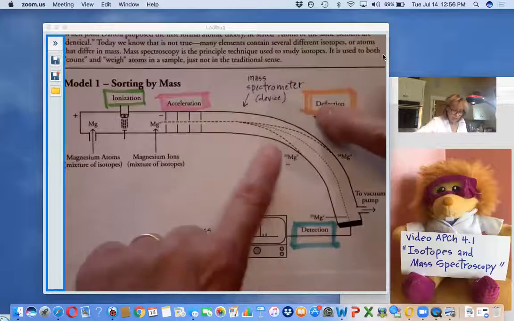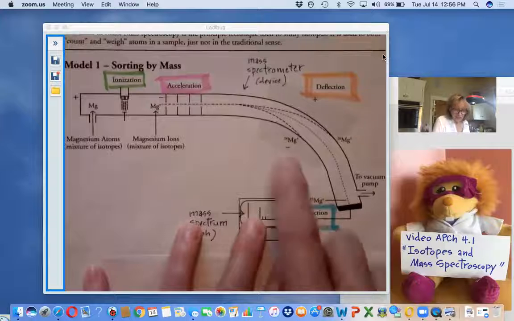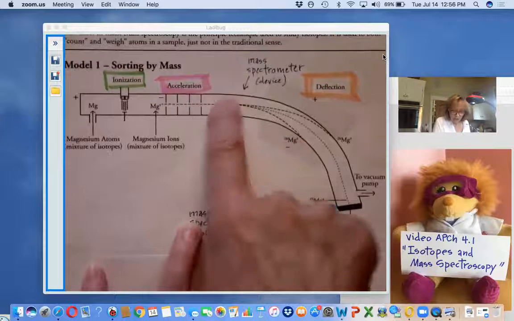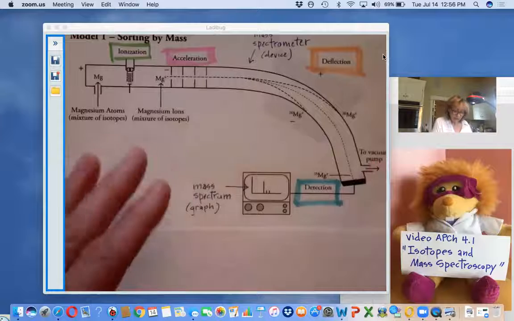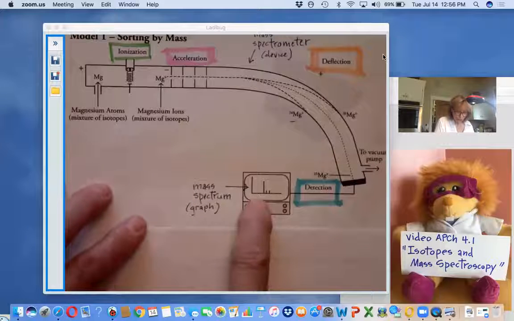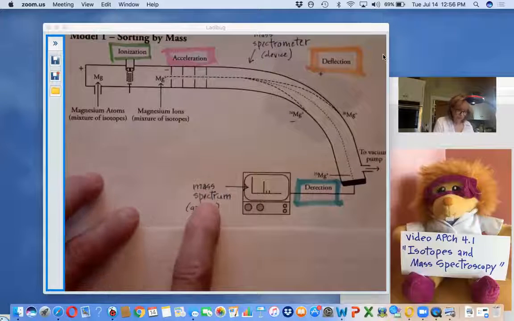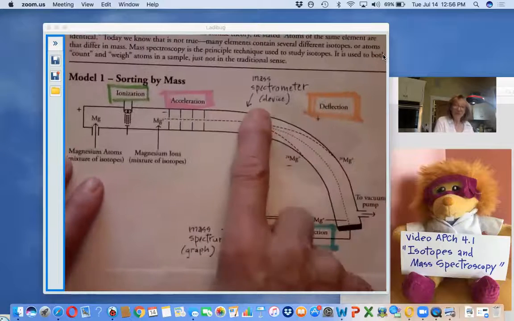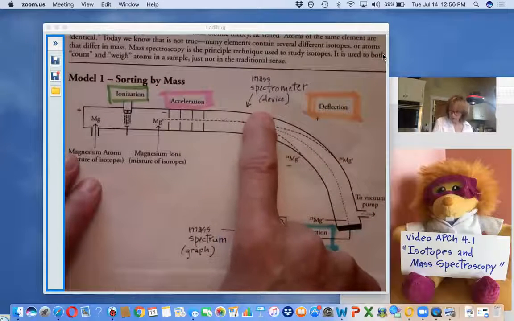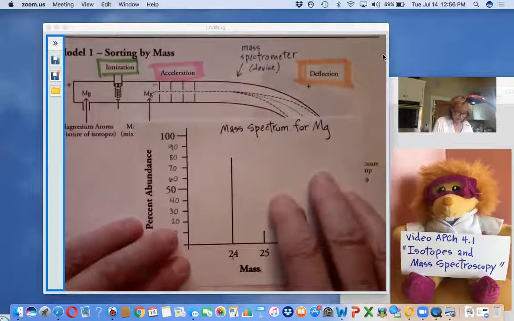And so the ability for this device to detect the lightweight ones and the heavy ones and the ones in between, the net effect is for it to generate a graph, which is called a mass spectrum. The graph is the mass spectrum. The device is the mass spectrometer. Okay, so let's look at a blow up of the mass spectrum.